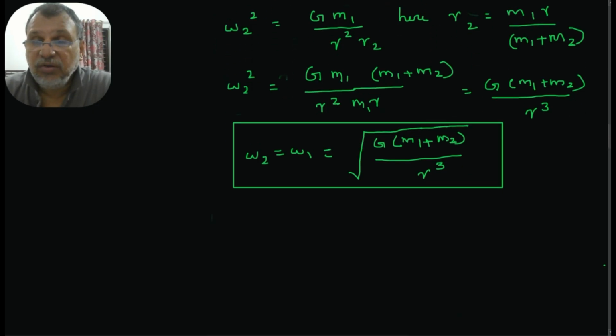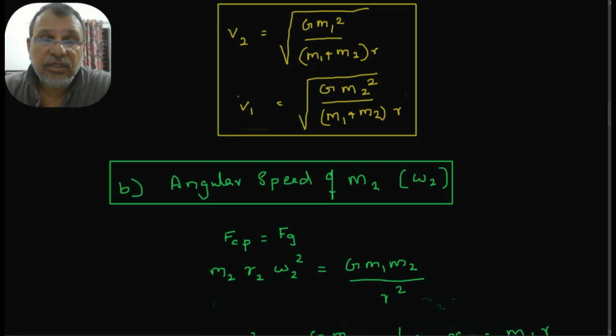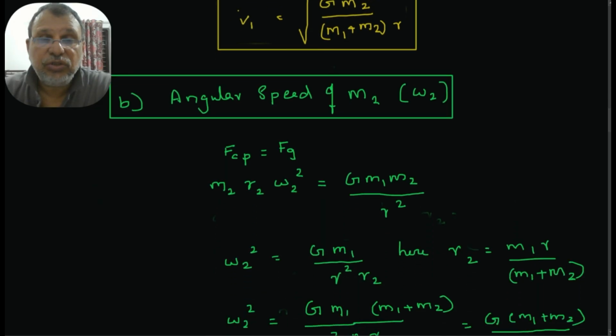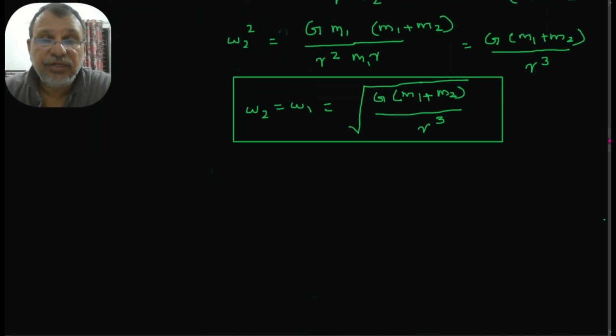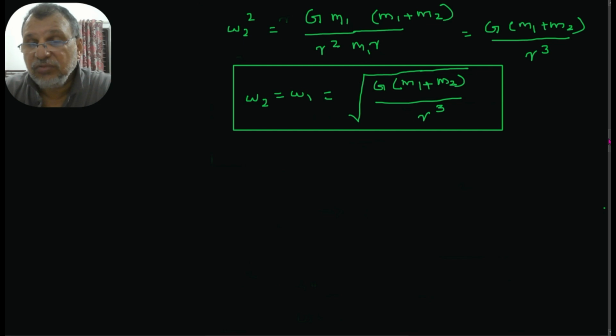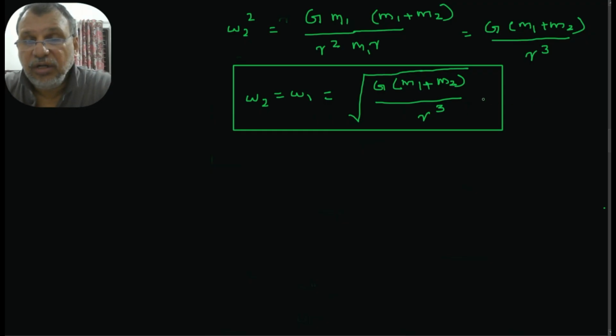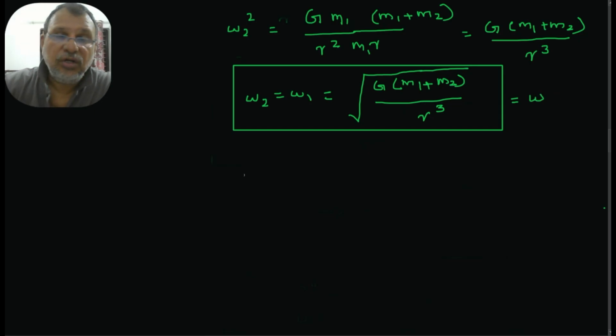So now we have all the expressions for V1 and V2, and then we have omega 2 and omega 1. Commonly you can call this omega, because angular speed remains constant for both the bodies.